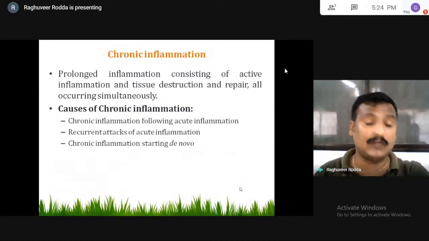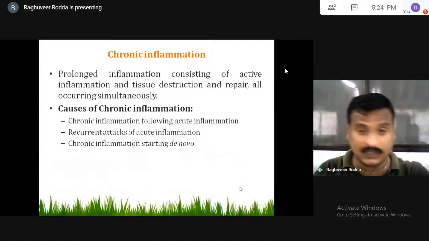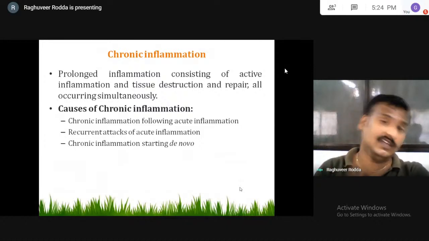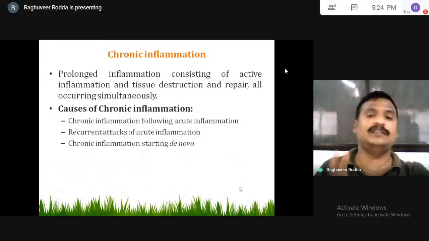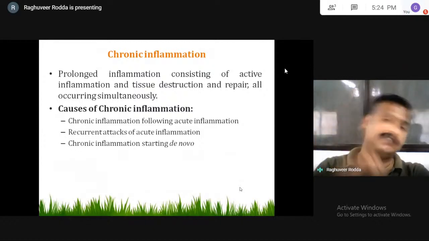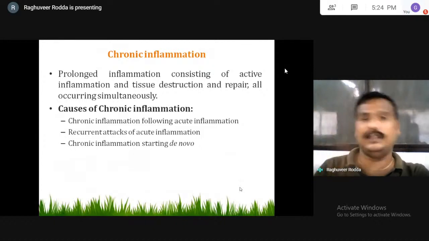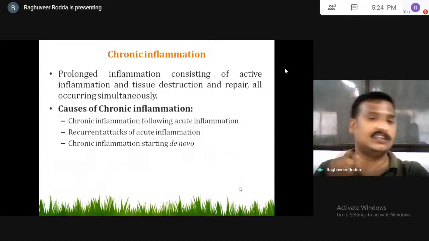New steps are required for the destruction of the damaged cell. If it is not destroyed, that damaged cell will cause the destruction of other healthy cells. When acute inflammations are not enough for the repair or destruction of the cell, prolonged or continuous ongoing inflammation takes place, which is called chronic inflammation.